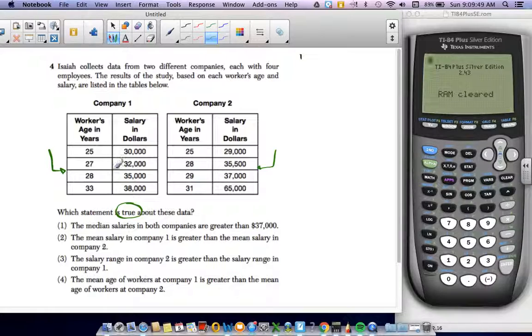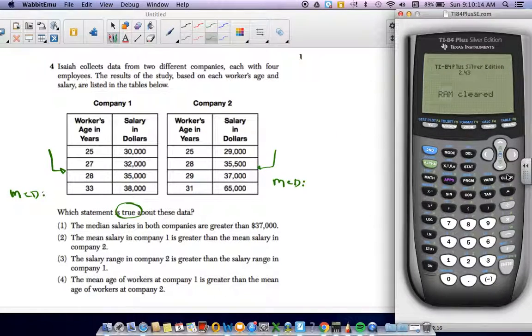Remember, if there's no middle, you're taking the average of the two terms where the middle would be. So for company 1, we're going to take the average of 32,000 and 35,000. And for company 2, we're going to take the average of 35,500 and 37,000.